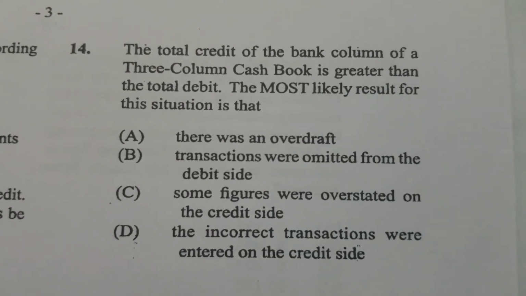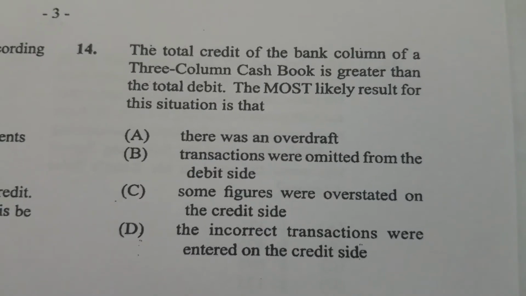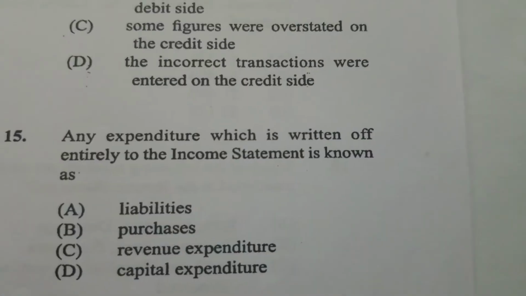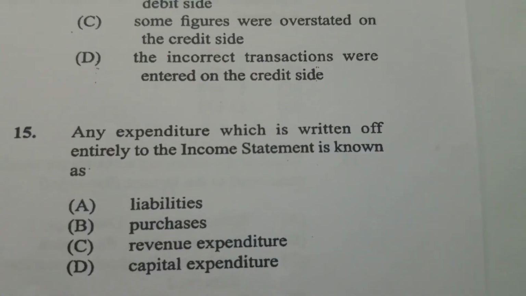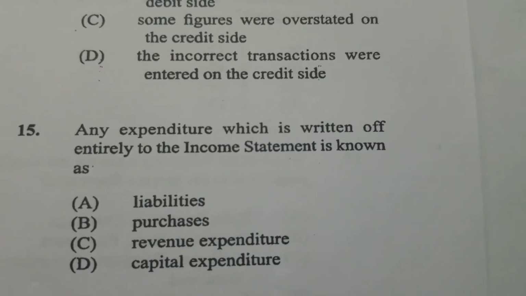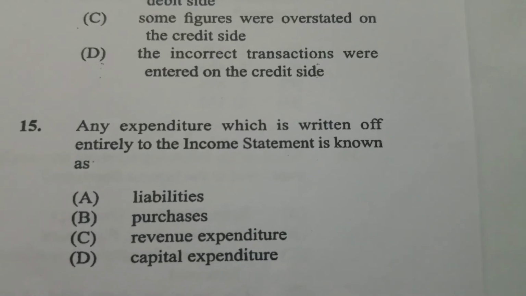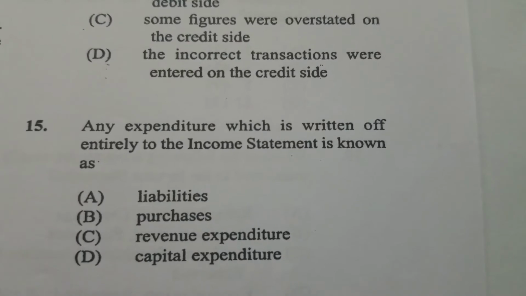So once the credit side in the bank account is more than the debit side, then we're having an overdraft. Item 15, any expenditure which is written off entirely to the income statement is known as, and our answer is C, revenue expenditure.